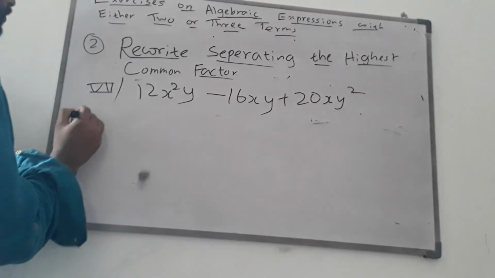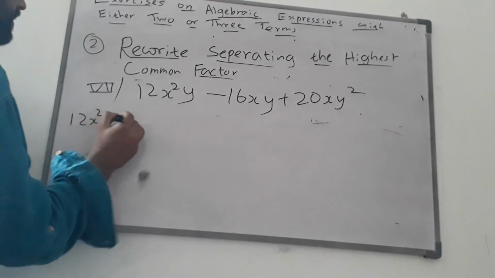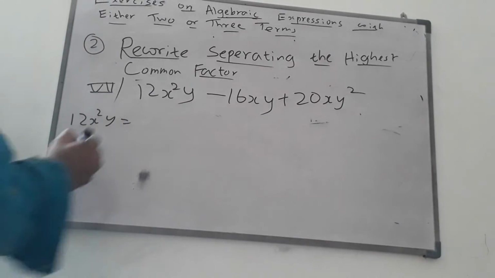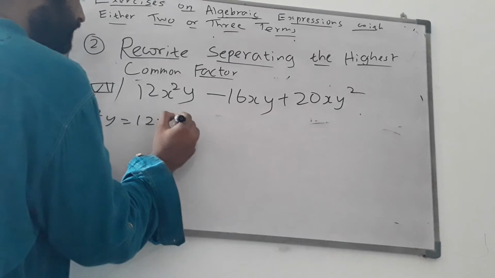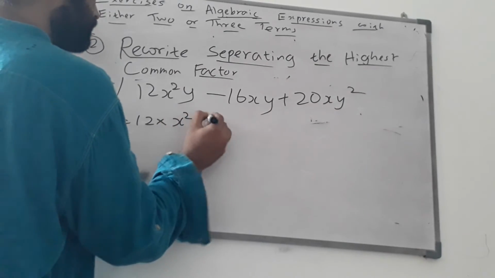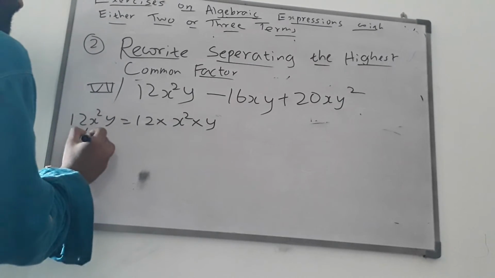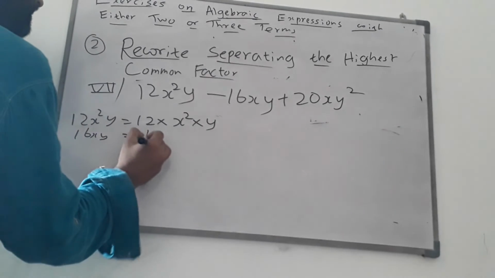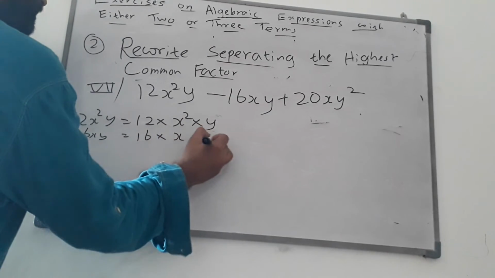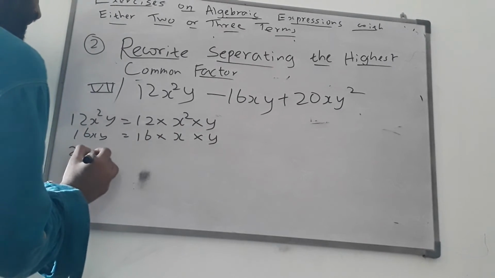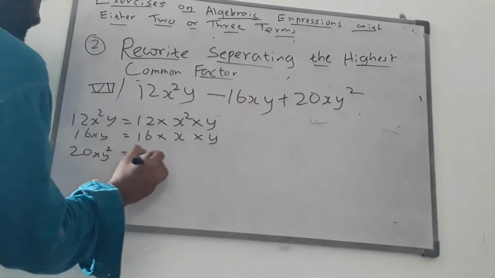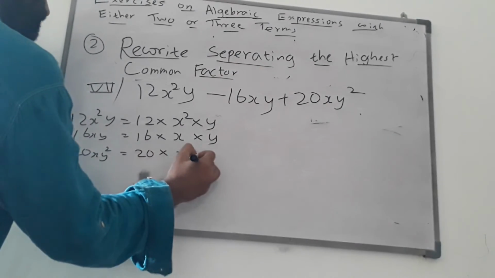I am going to write 12x squared y as 12 times x squared times y, 16xy as 16 times x times y, and 20xy squared can be written 20 times x times y squared.